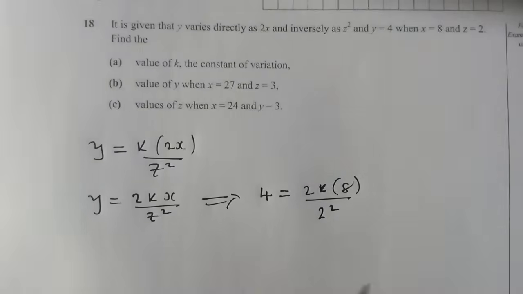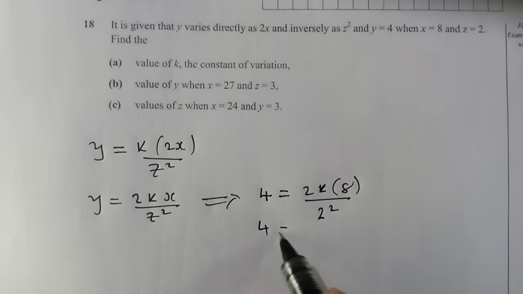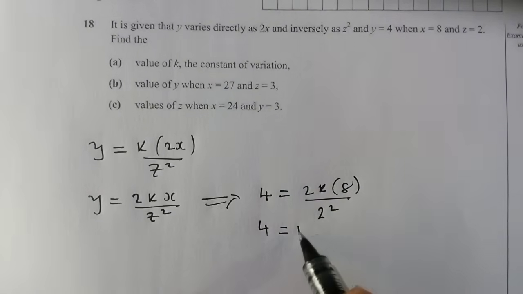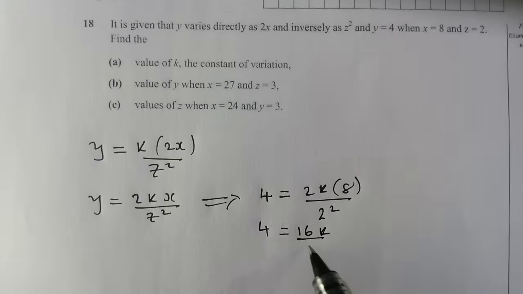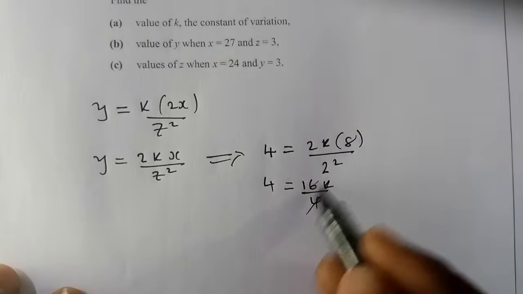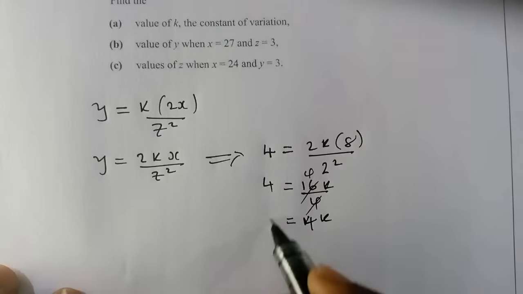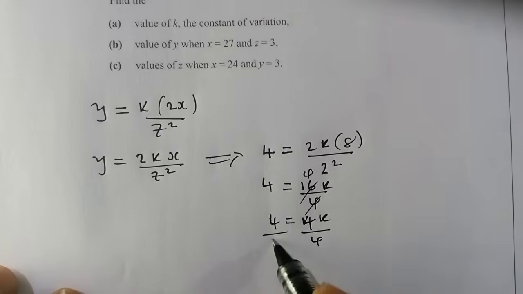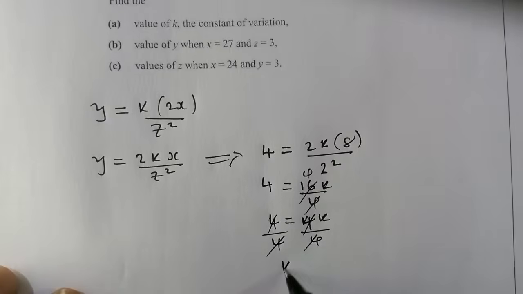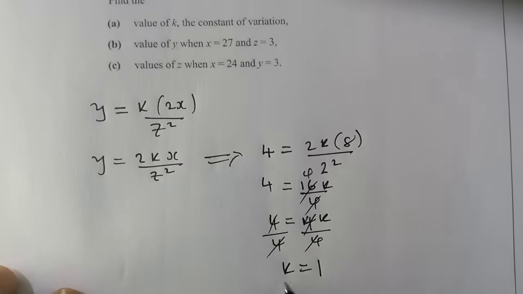When we solve, we have 16 here, we have 4. We're solving for k, so we have 4k equals 4. We divide by 4 on both sides and find that k is equal to 1. So we found that k is equal to 1.